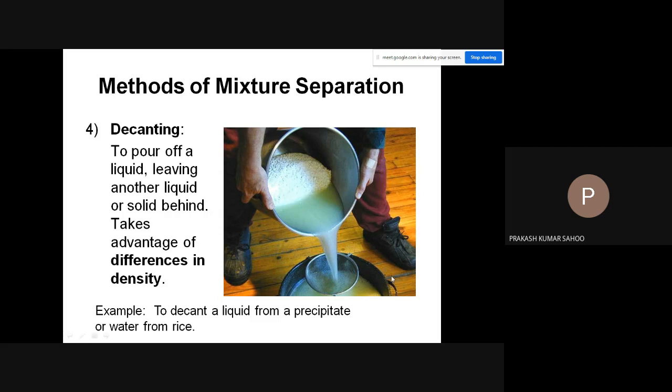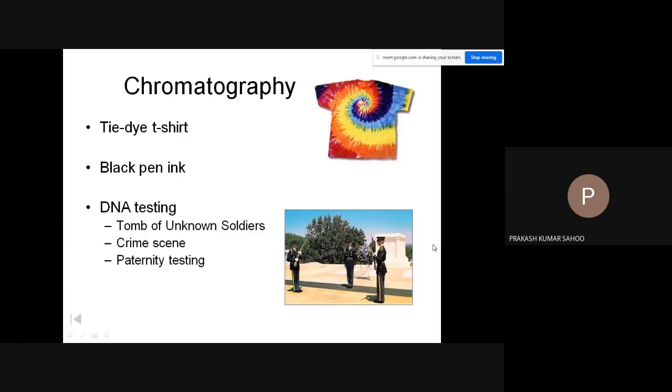The lower density liquid will be separated first, followed by the second. So in decantation, we separate liquid from solid or liquid from liquid. This is an example of decantation of liquid from a precipitate, or water from rice.